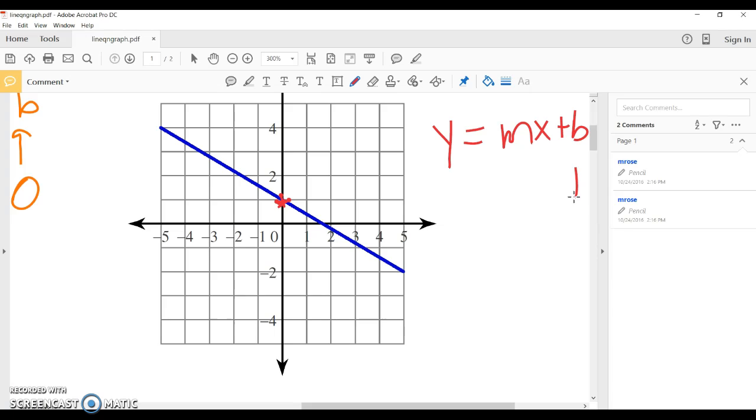My slope, there's 1 point. I think here would be my next point. So we're going to count how much down and over. I would go down 1, 2, 3. So that'd be negative 3 over. I'd go over 1, 2, 3, 4, 5.